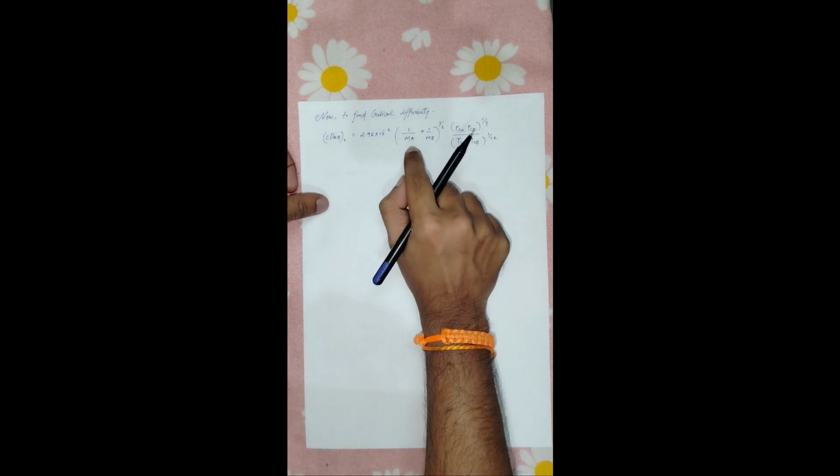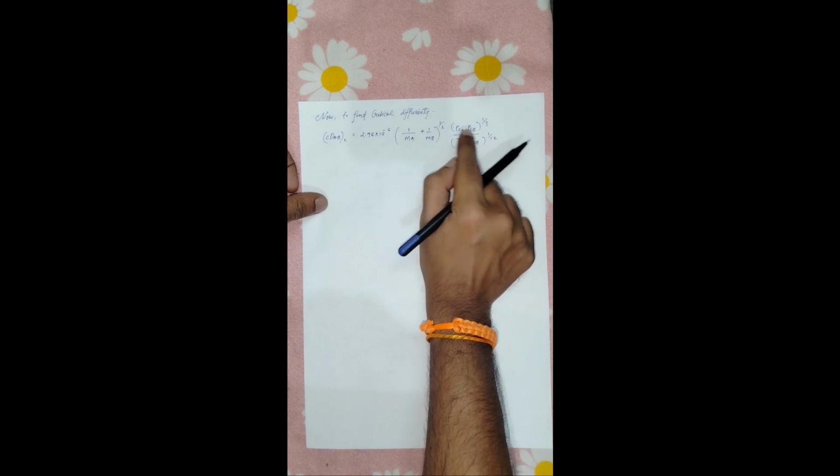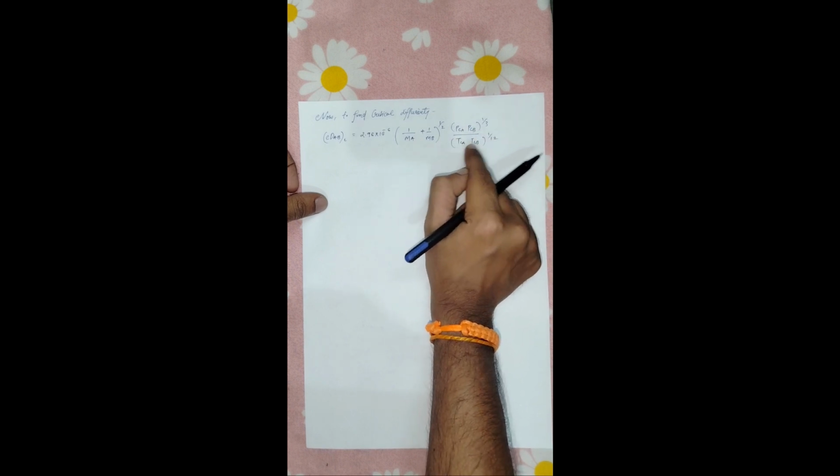So this is the relation we have to use in order to calculate critical diffusivity. Okay, so now we have all the data. For instance, we have MA, MB, PCA, PCB, TCA, TCB, which we have mentioned earlier.